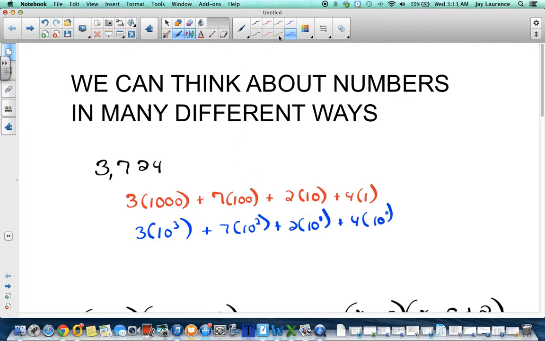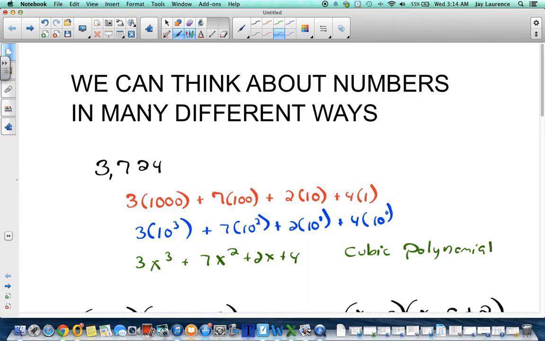Well then that's no different than saying, what if x equals 10? That would be 3x cubed plus 7x squared plus 2x plus 4, which of course is a polynomial of degree 3, or a cubic polynomial, from our naming.